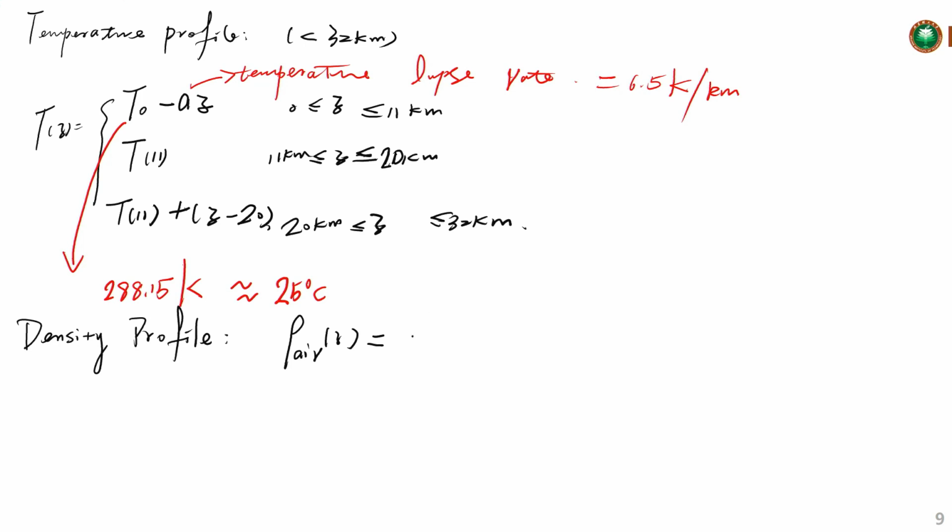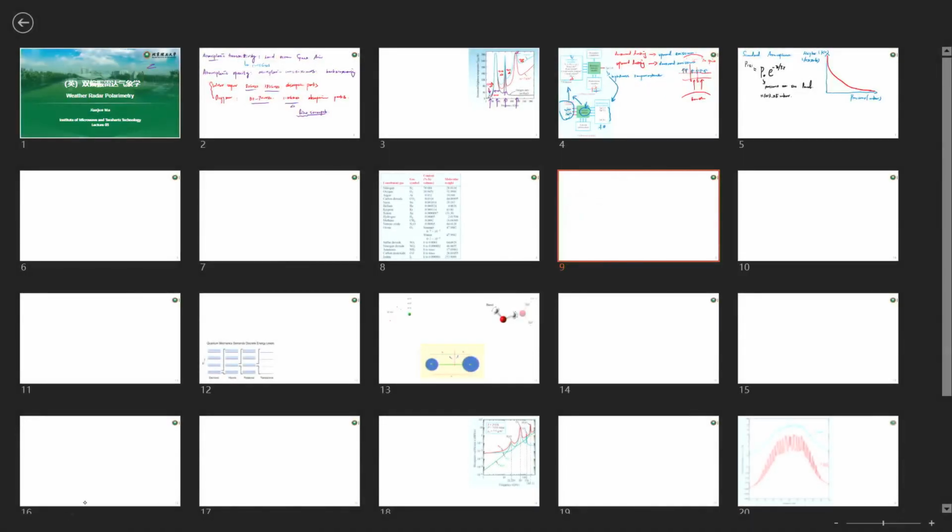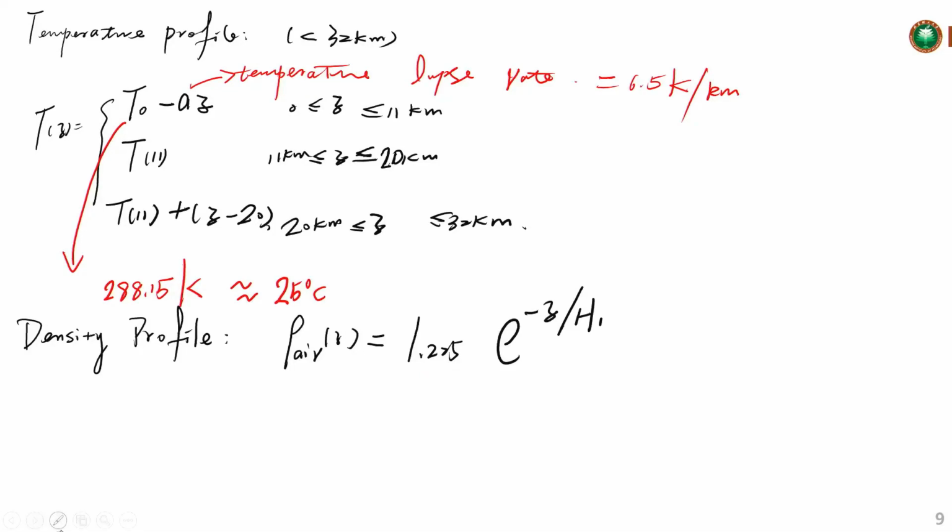At sea level it is around 1.225, times an exponential that evolves with respect to the height, with H1 around 9.5 kilometers, named the density scale height.